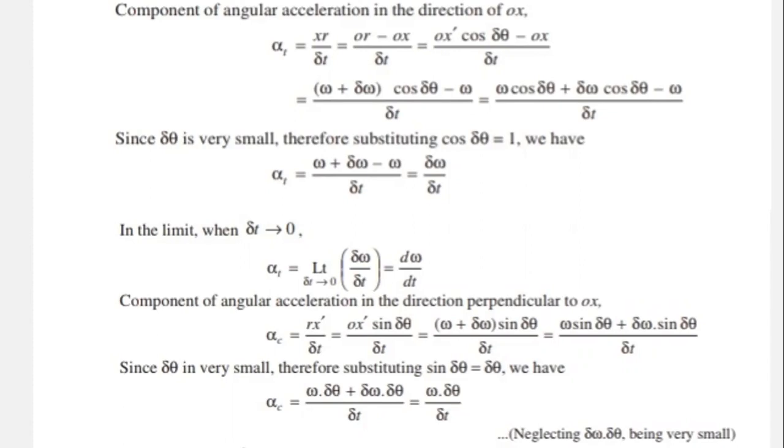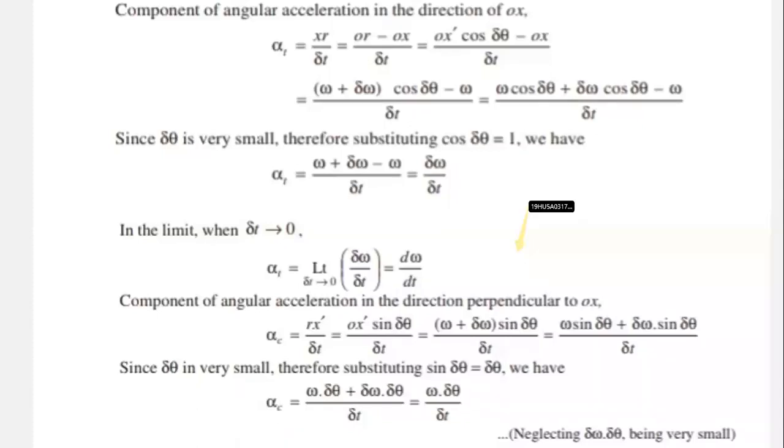Delta theta is very small, so we substitute cos delta theta as 1. Taking cos delta theta as 1, we obtain alpha t equal to delta omega by delta t. Applying limits to it, it can be derived into different forms.